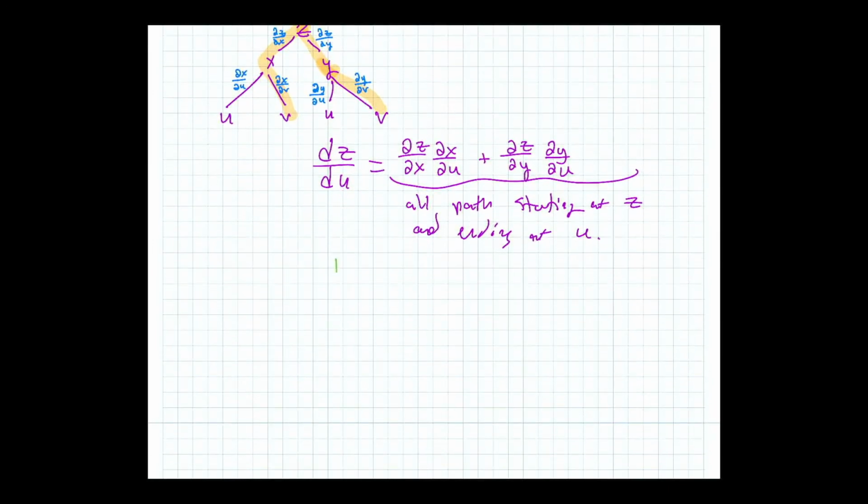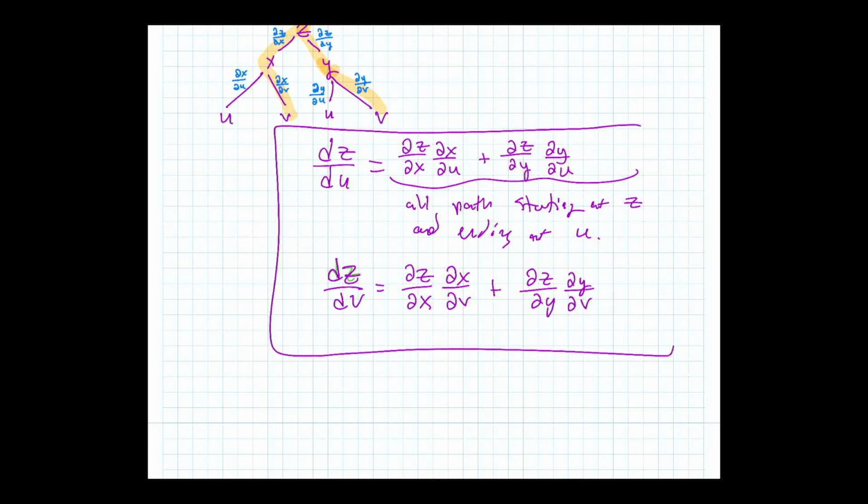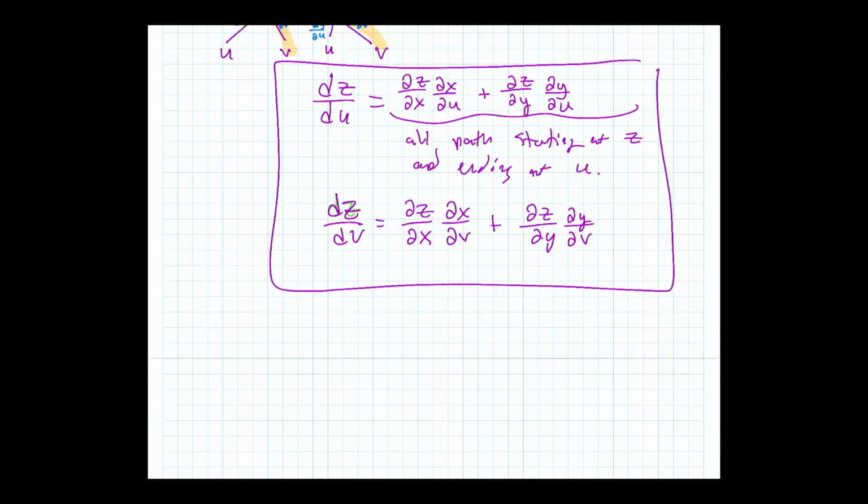So it would be dz dv, and that would be partial z partial x, partial x partial v, plus partial z partial y, partial y partial v. And so those would be your two formulas there. And again, they're not that hard to come up with. That's how you do it.